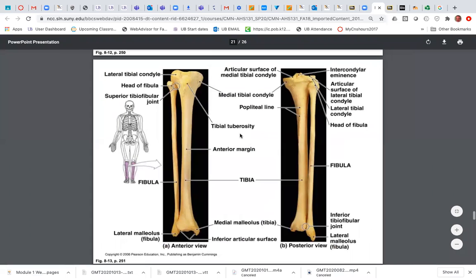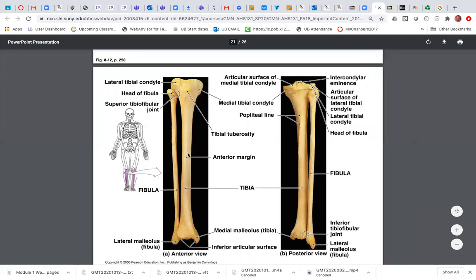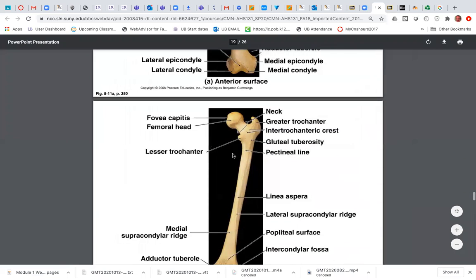All right, let's look at the leg bone, right? The femur is considered to be the thigh or the hip, right? When people use terms like hip flexion or thigh flexion, it means, okay, what is the femur doing?